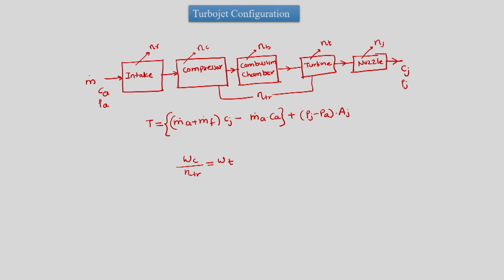Then we have Nj, which is nozzle efficiency, where the process is not reversible in the nozzle and it leads to losses in the nozzle. So the whole idea in the case of a turbojet is different from the shaft power cycle we had seen, where the whole objective was to find W net.